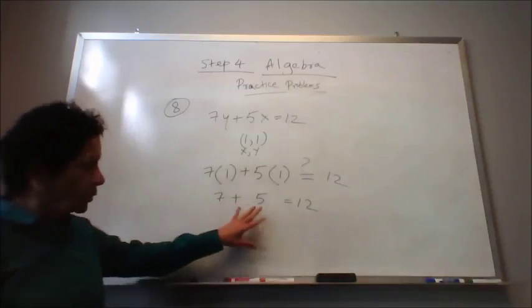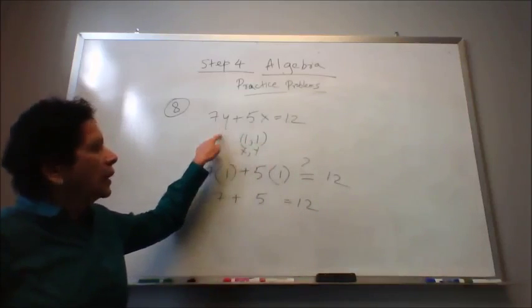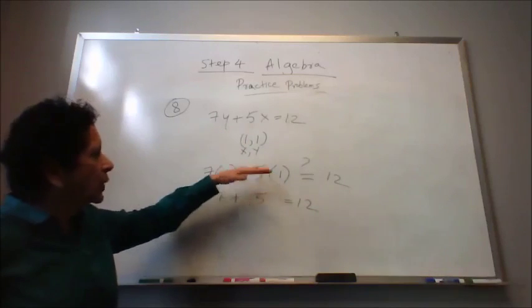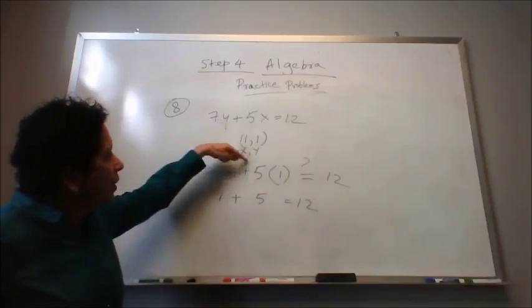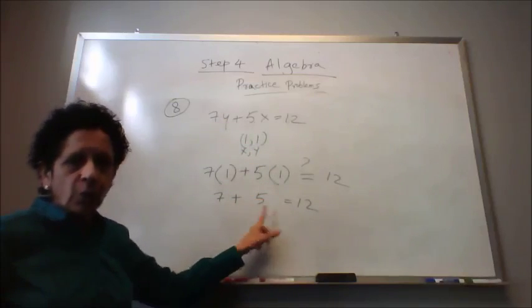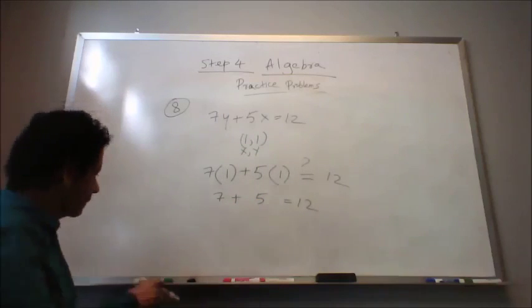The left-hand side equals the right-hand side, that is true. So the point 1, 1 lies on this line, yes. Okay, so this is how you do that. Just plug in the value of x and y, and then see whether the equation is true. If it is true, yes, the point lies on the line, okay?